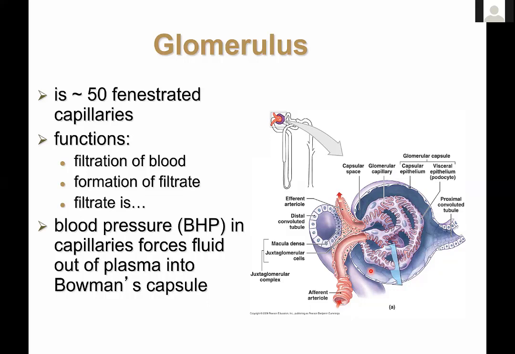But imagine a person that has unregulated hypertension. At some point, their ability to regulate their glomerular hydrostatic pressure is going to fail because global pressure in the blood is just too high to do that.